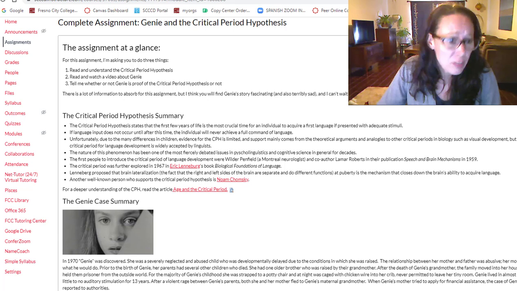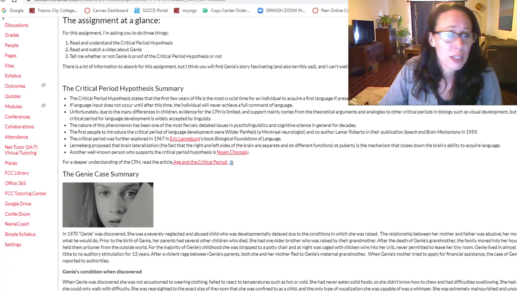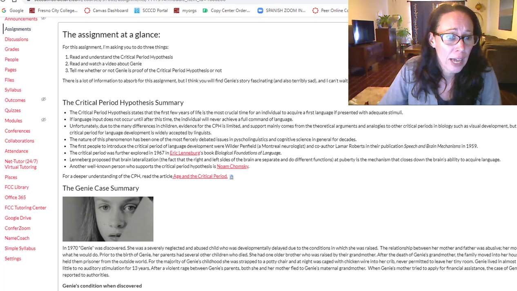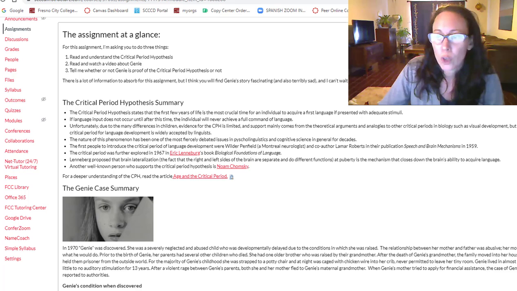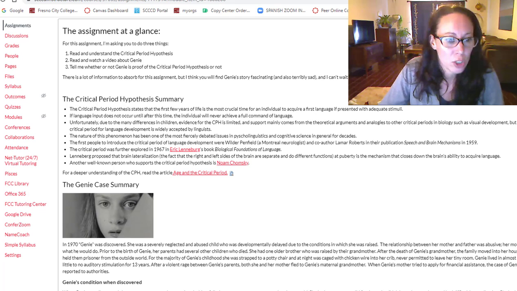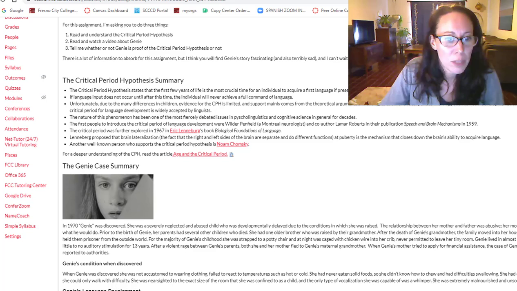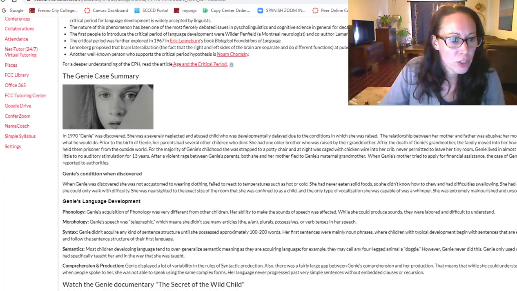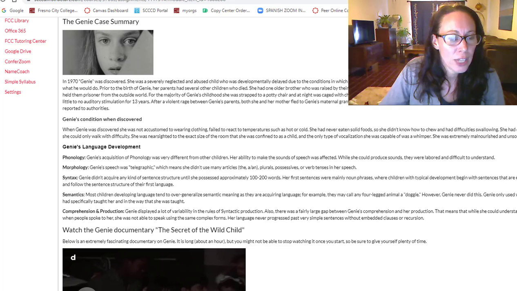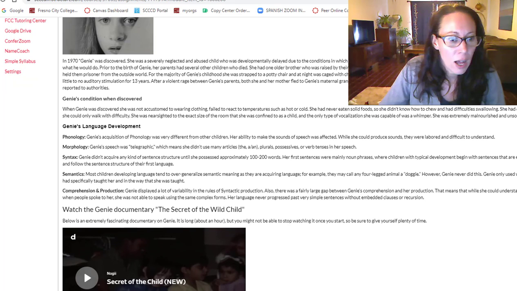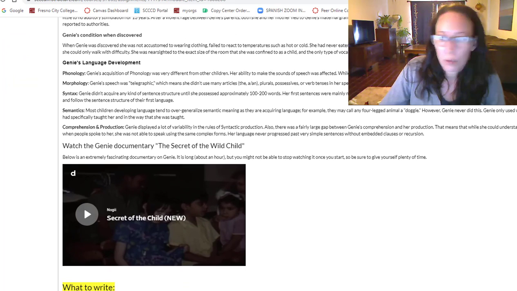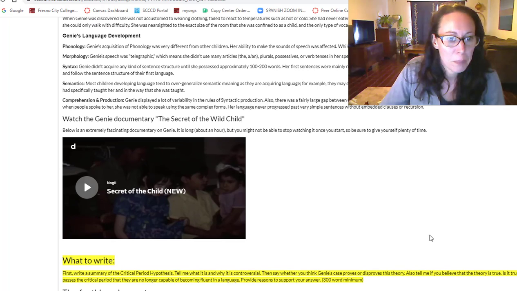And I have information about this theory, or hypothesis, sometimes it's called a theory, sometimes a hypothesis, about the critical period for language learning. And so I have some information about that, and an article here that you can read if you want a deeper understanding. And then looking at Jeannie's case, I have a summary of what happened to her.